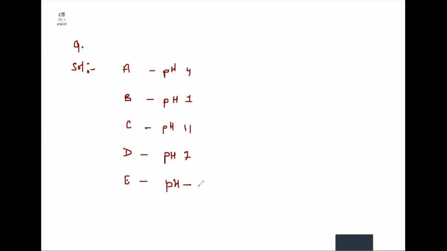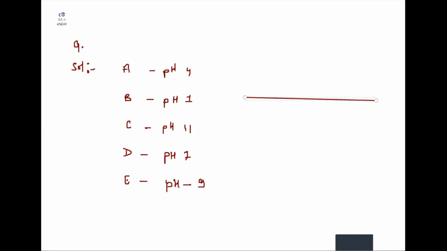So students, first we have to get back into the pH scale just to remember that if we are getting a pH value of, let's say, 2 or 4 or 11 or 12 or even 7, what does it mean? So in the pH scale, let's say this is our pH scale.